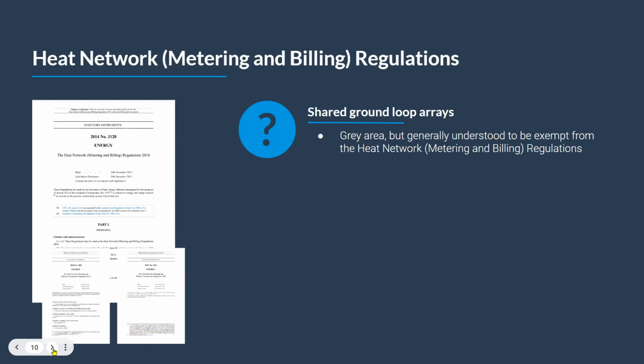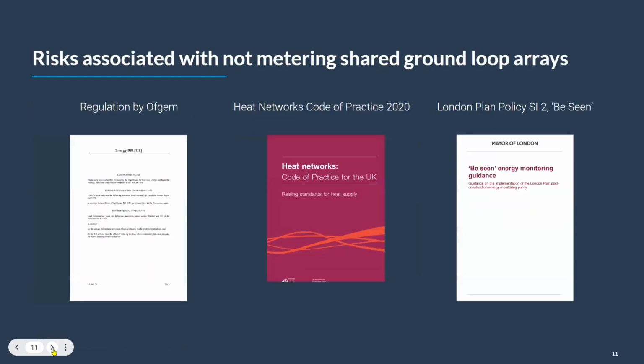Now, there are risks associated with not fitting meters into these systems that relate to upcoming regulation of the industry by Ofgem, which I'm going to cover next. But for now, shared ground loop array systems are generally understood to be exempt from the heat network metering and billing regulations.